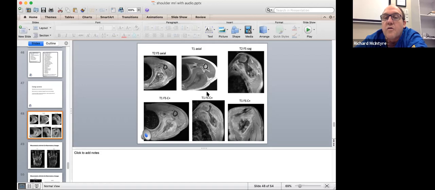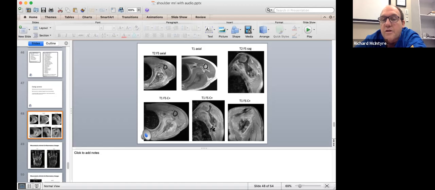Okay, and then of course we do the different imaging planes depending on the location of that tumour. So we can go axial, we can go sagittal, and we can go coronal. You could imagine that if you have a tumour in the scapula, the most informative planes are going to be axial, so you can cut that tumour along the axis, and sagittally.